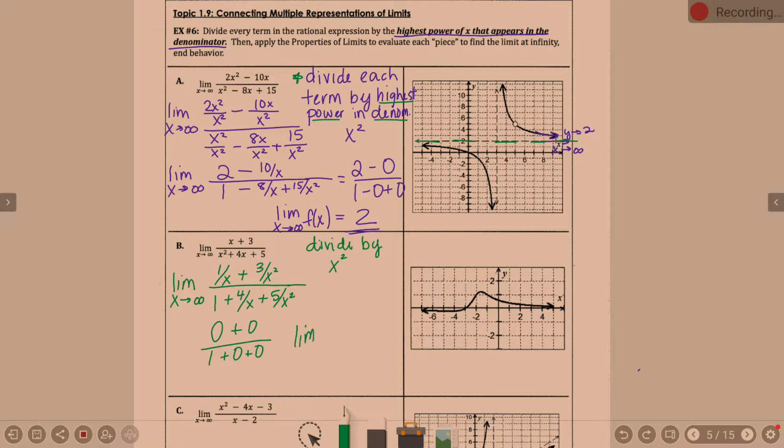The limit as x approaches infinity of f of x is equal to, what is my limit? 0. So I end up with zeros over ones, or 0 over 1, excuse me. Does that make sense on this picture? There is a horizontal asymptote here at y equals 0.